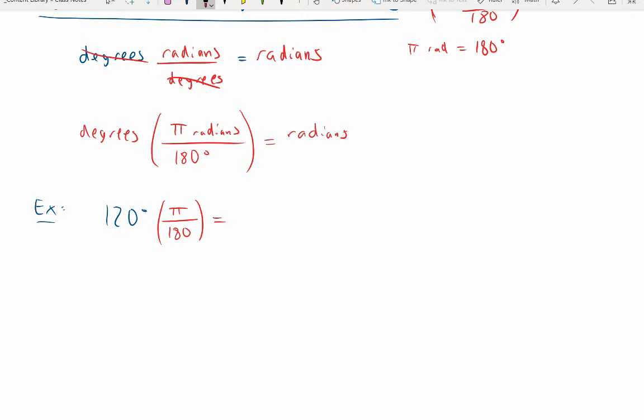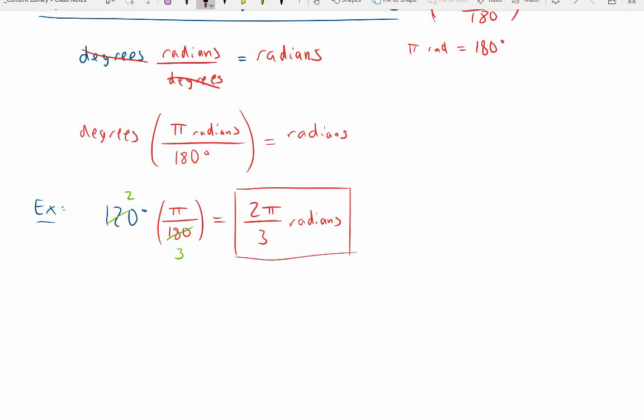But as I look at this, I'll see that there's a common factor of 60, and I can cancel out that common factor of 60. That leaves 2 behind from the 120, 3 behind from the 180, and 2 times pi is divided by 3, and this is my angle measure in radians.